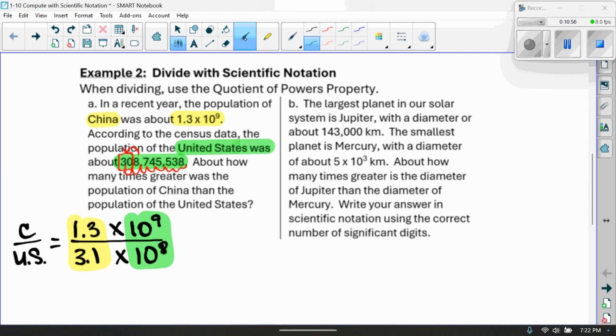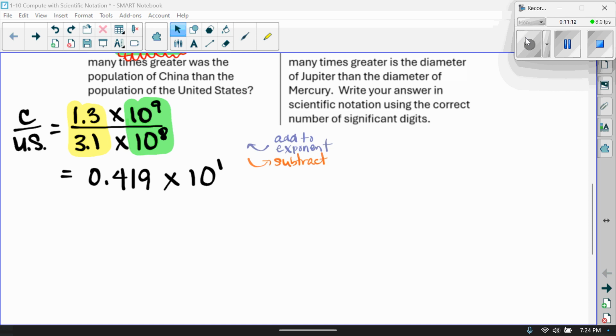Okay? So this is going to equal 0.419 times 10 to the 9 minus 8, which is 1. So in this case, we've got 0.419 times 10 to the first.